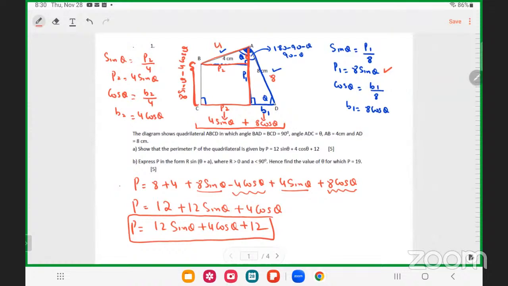The next part of the question is to express P in the form of this. And hence find the value of theta for which perimeter is 19.